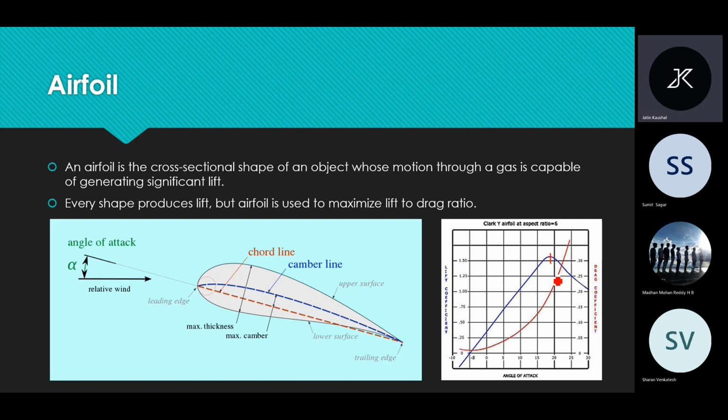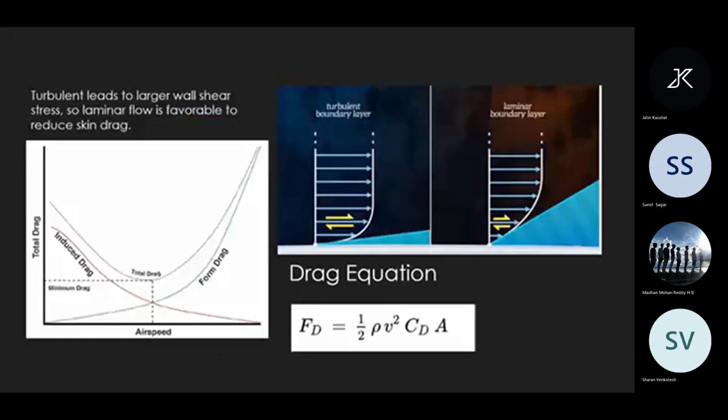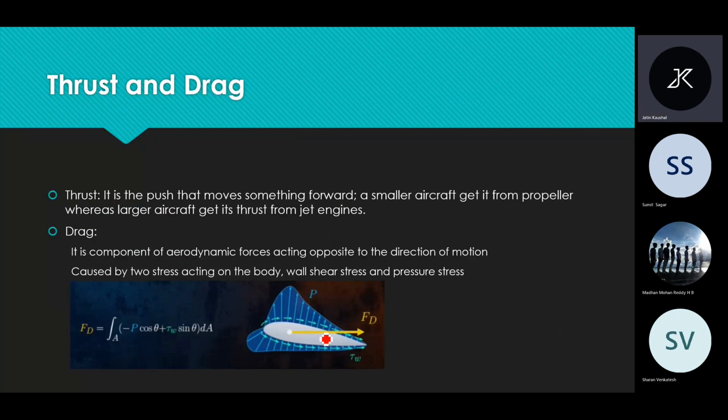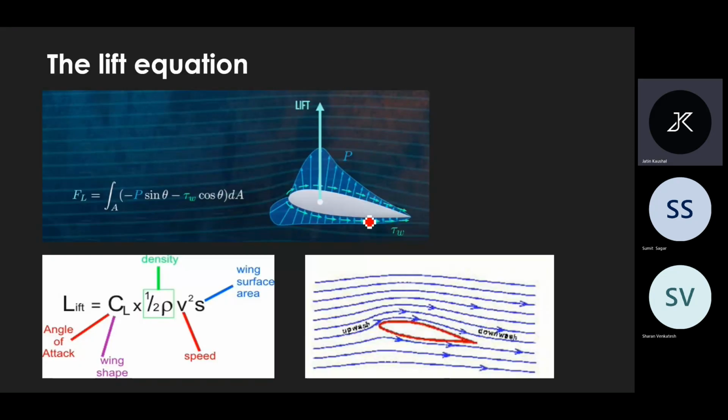as the angle of attack increases, the boundary layer starts to separate. There is a diagram. As you can see here, at first the boundary layers are close together, they are not separated.